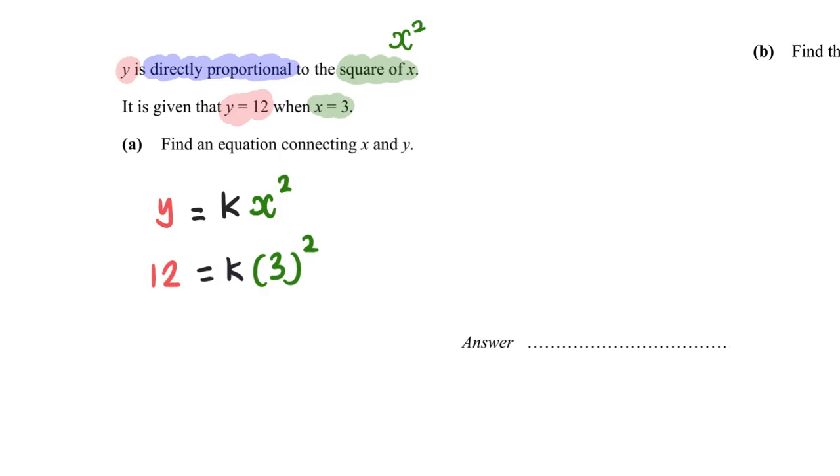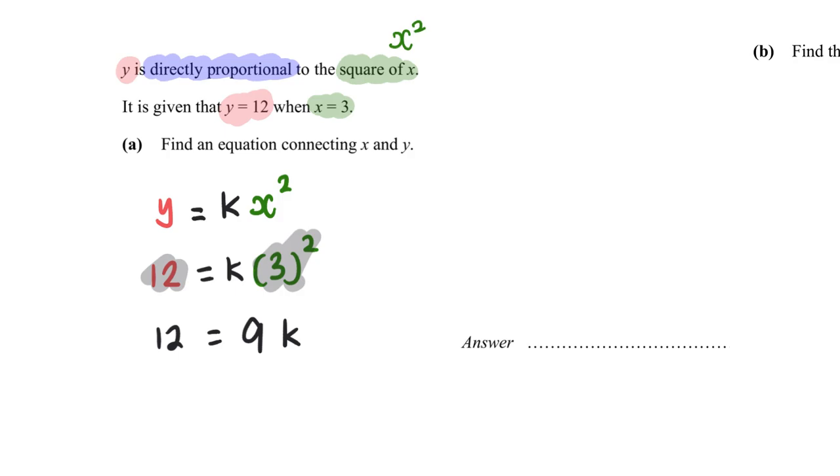Yeah. So from here onwards, you will then see Mr. Tan writing 12 is equals to 3 square. 3 times 3. What number is that? Yes, 9. And 9 times k is 9k.